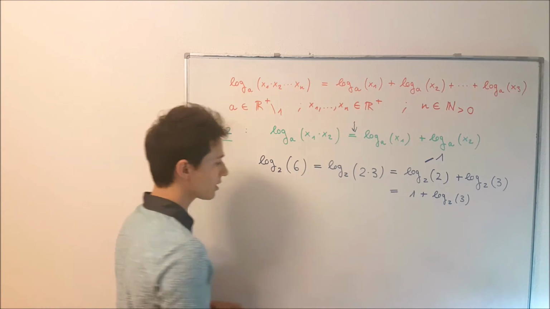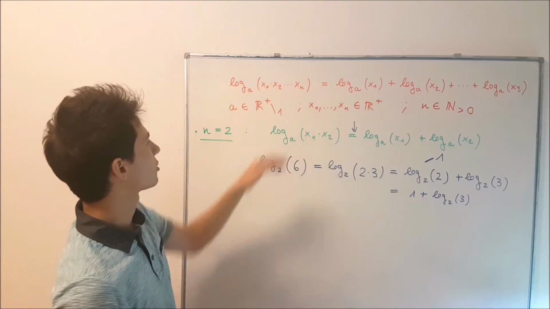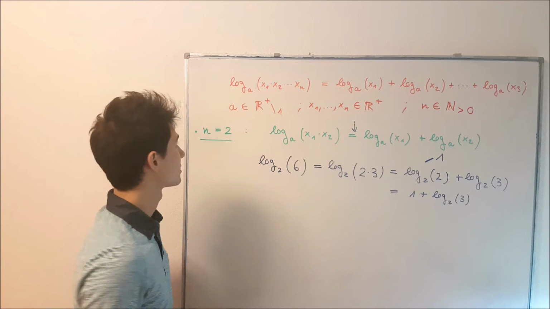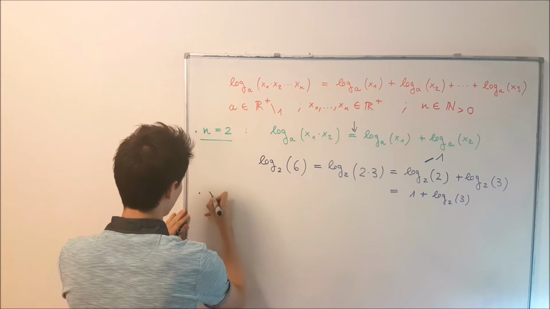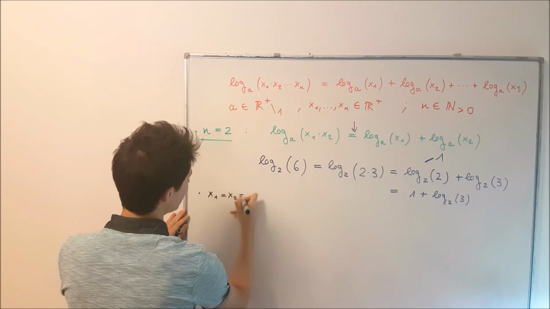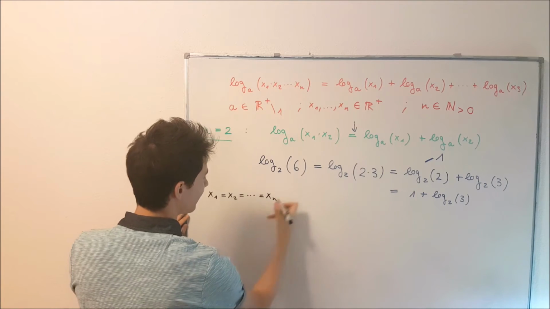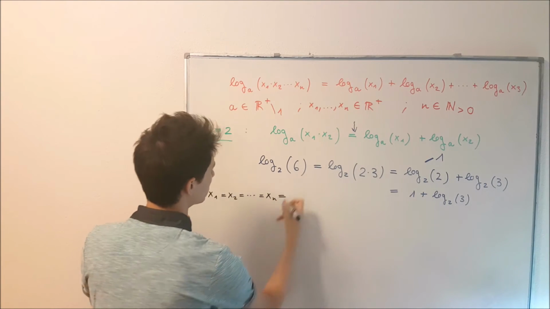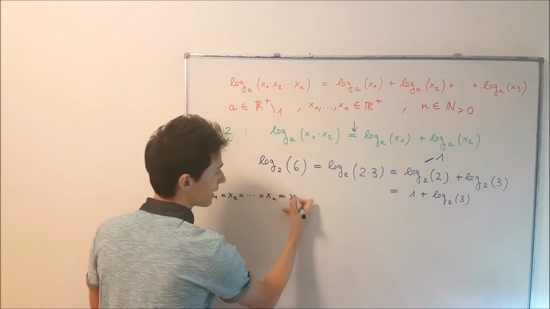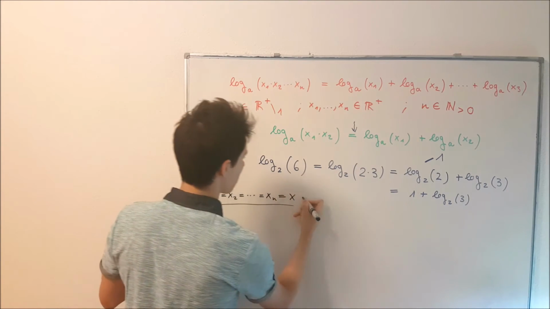Now, one last thing for this video. Suppose all these factors were the same. Suppose x1 is equal to x2 is equal to the last factor xn, and let's just give all these factors a value x. What happens?